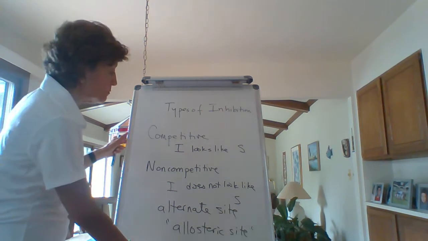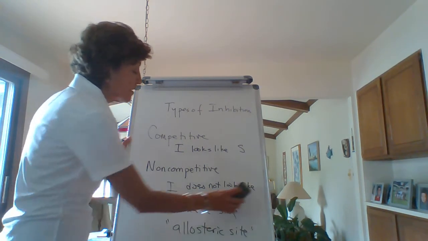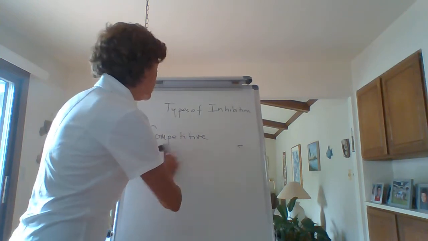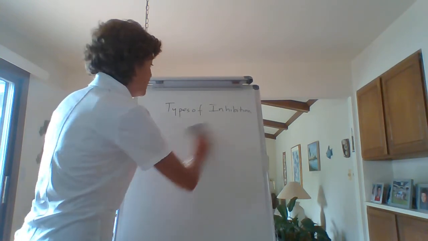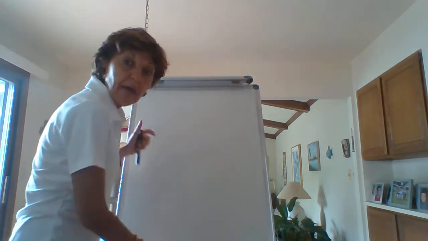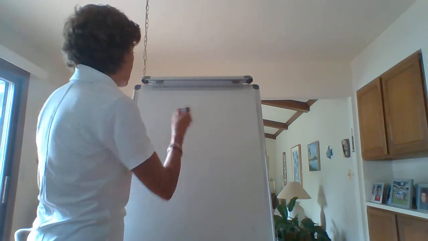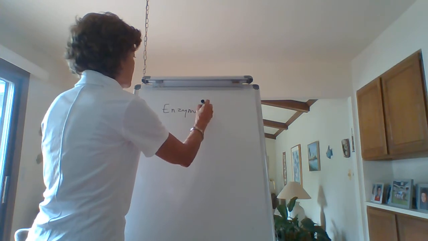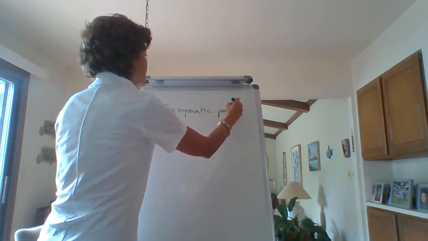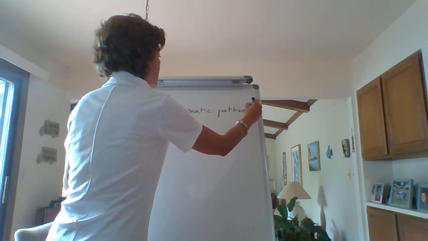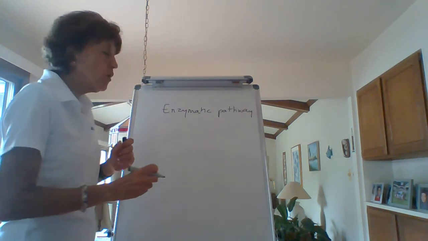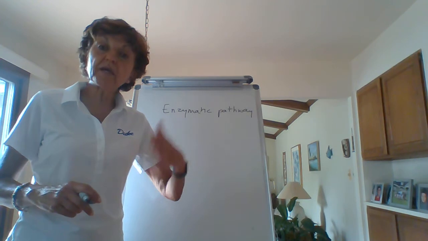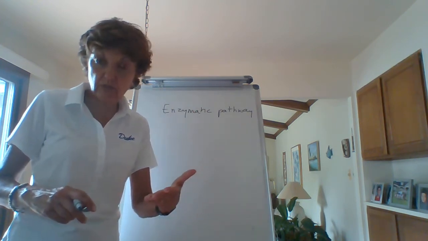There's a type of non-competitive inhibition that is called feedback inhibition. But in order to understand that, we have to talk a little bit about the term pathway. What is an enzymatic pathway? Many things in metabolism are enzymatic pathways, where the product of one reaction becomes the substrate of the next reaction.